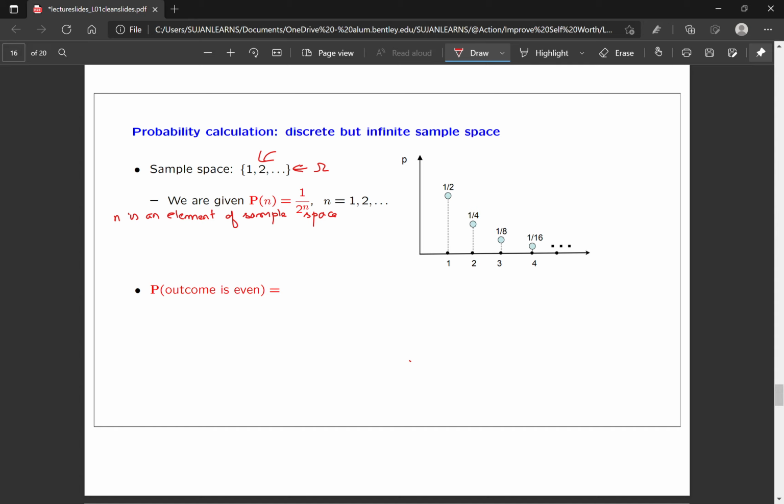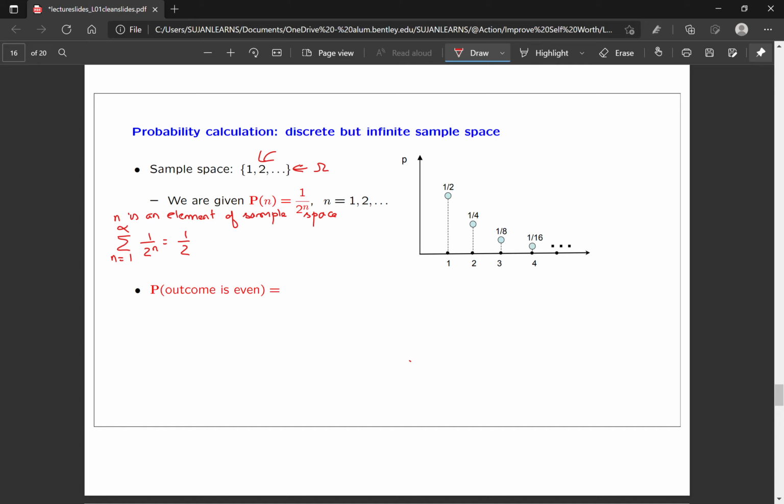Now we have to see whether this probability law makes any sense. One thing we can check is whether the probabilities sum up to 1. How do we do that? We are saying that the sum over n equal to 1 to infinity, where the probability of each event is 1 by 2 power n.